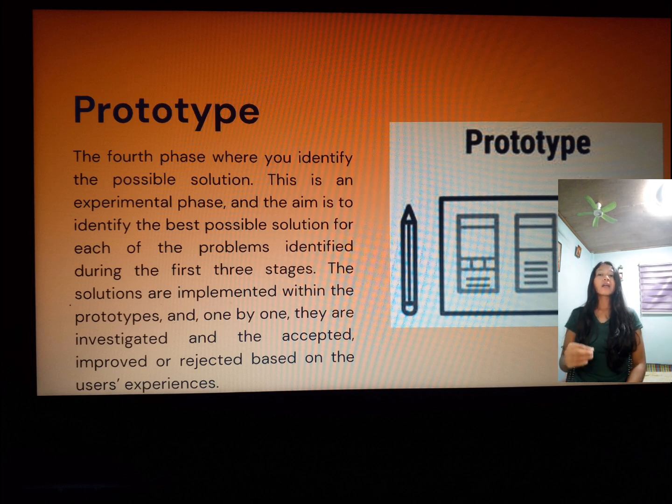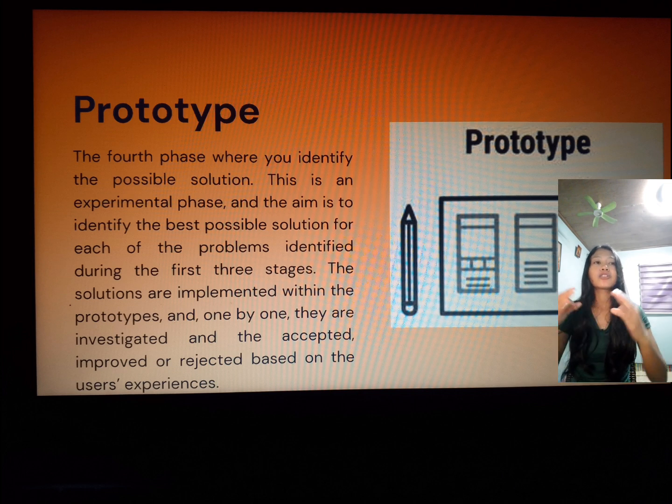The solutions are implemented within the prototypes, and one by one they are investigated, and they are accepted, improved, or rejected based on the users' experiences. The prototype is somewhat like a blueprint you created based on the observations from empathize, define, and, what else?